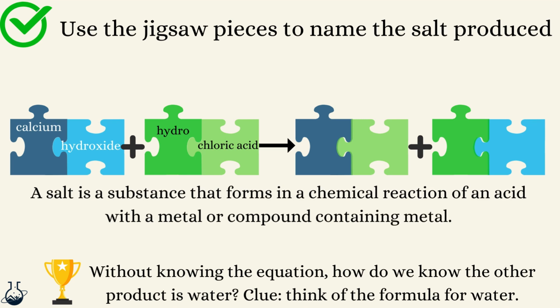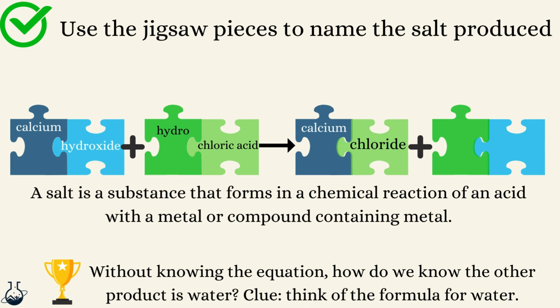So the start of salt names will start with a metal. In this case, it is calcium, because our starting substance was calcium hydroxide. The light green is then chloric acid. Based on what we've already covered, we know hydrochloric acid forms salts ending in chloride. So in actual fact, the salt is called calcium chloride.